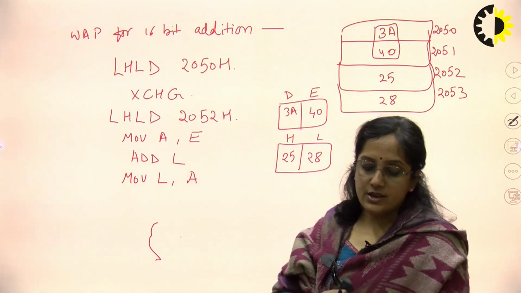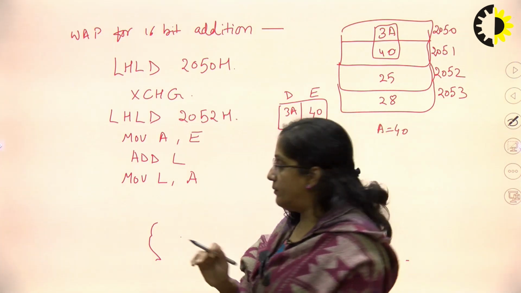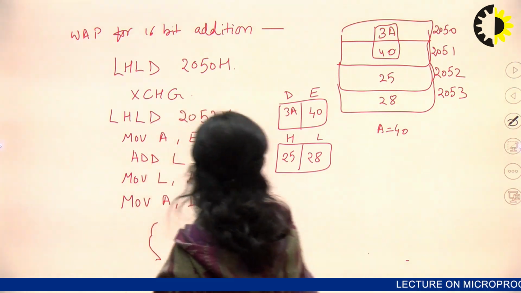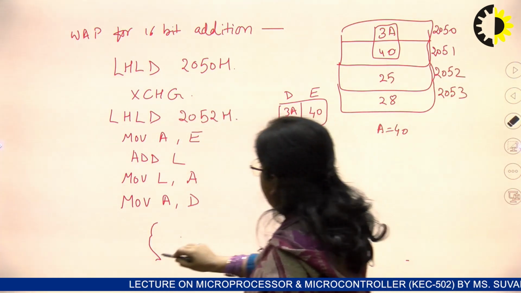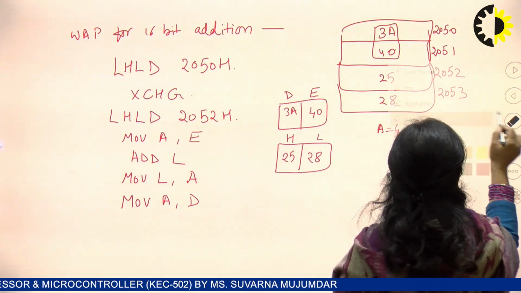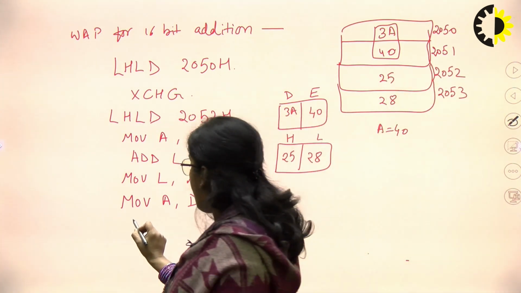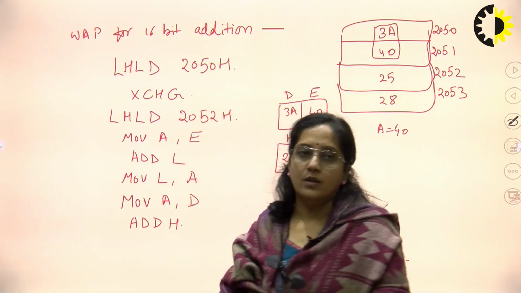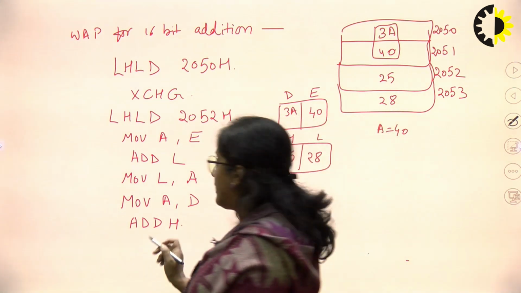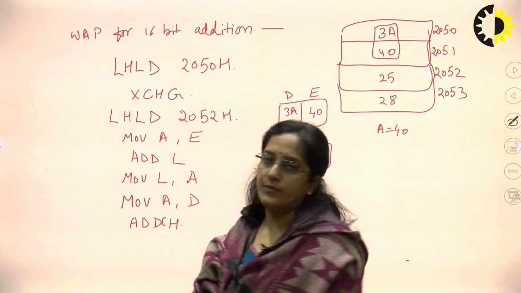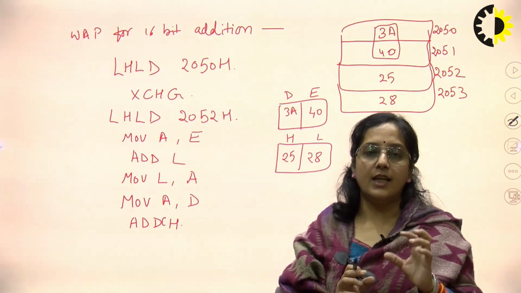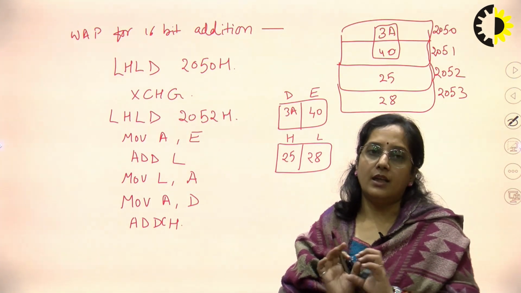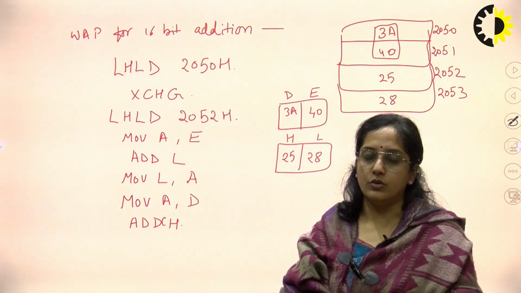Now we will take the data from D, that is the higher byte, and store it into the accumulator, and we will add H to it. While doing this addition, we will go with ADC. If a carry is generated earlier when adding the 8-bit numbers, then that carry is transferred to the higher side.